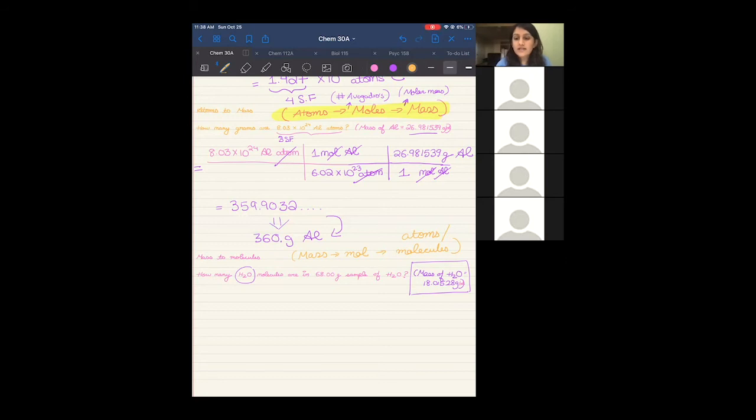Okay, so I got 18.015 grams, but I didn't get the 28 on my calculator for the mass of H2O. Where are you getting 28 from? Oh, okay. Yeah, I understand.